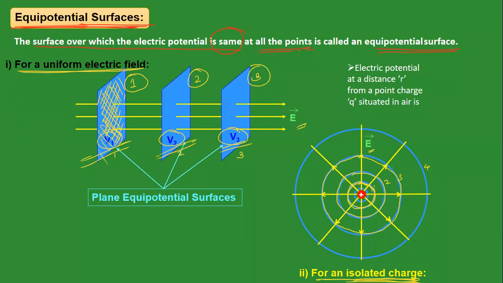In a similar manner, this is the first circle, second circle, third, fourth. At all points the potential is the same, so they are equipotential surfaces. Or you can say a sphere: if you draw a sphere around this charge, at every point of this sphere the potential is the same.